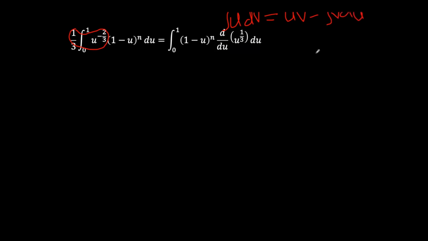In this situation, we have our V as u to the power 1/3, or the cube root of u, and our capital U is (1 minus u) to the power n.